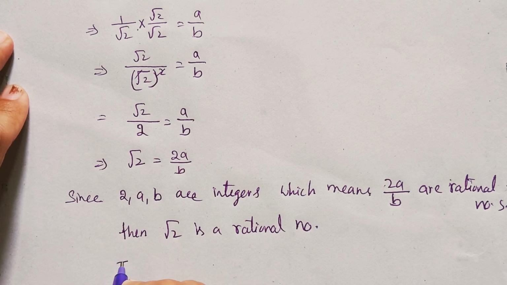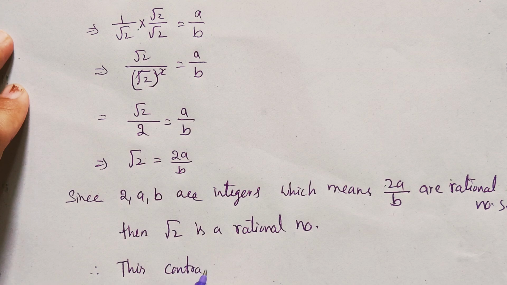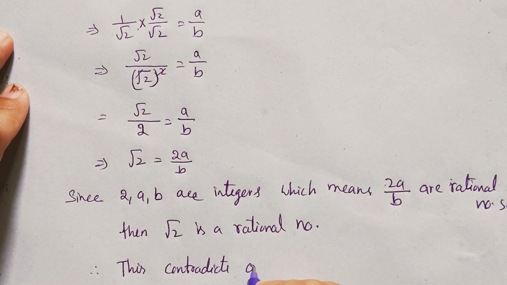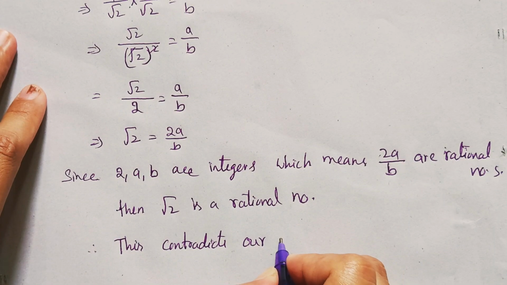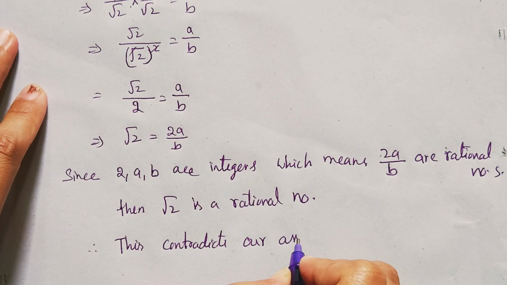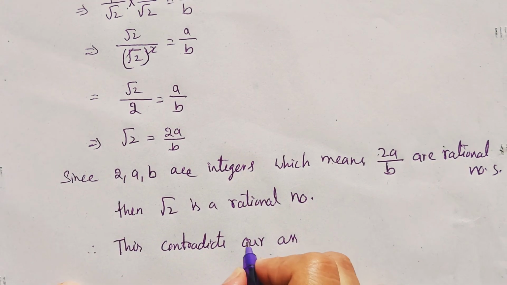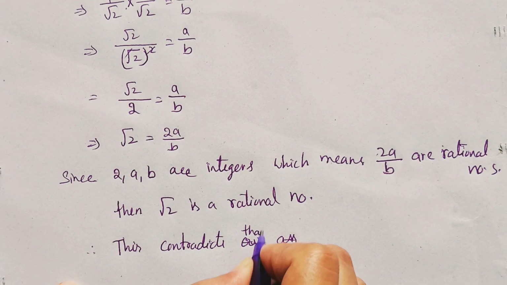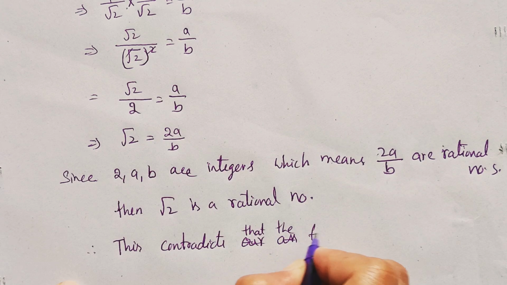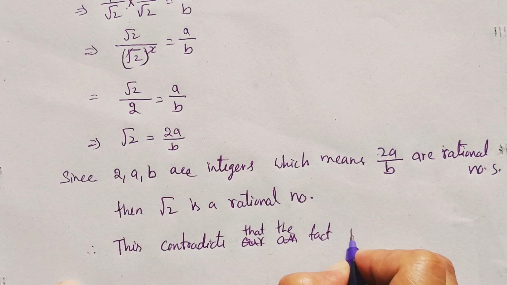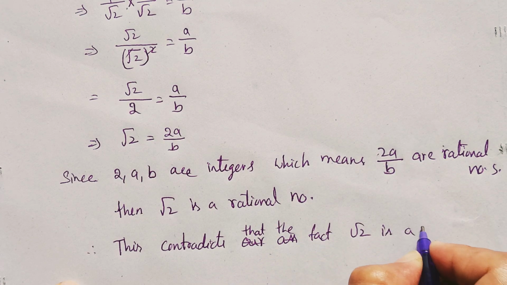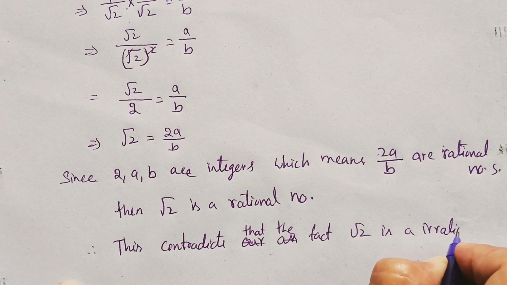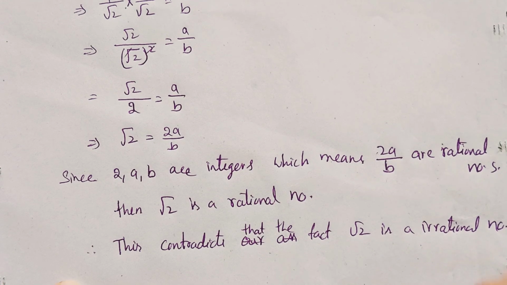So therefore this contradicts the fact that root 2 is an irrational number.